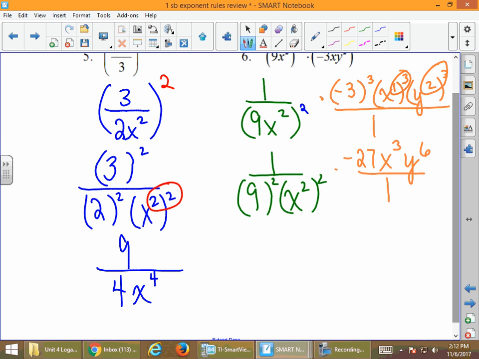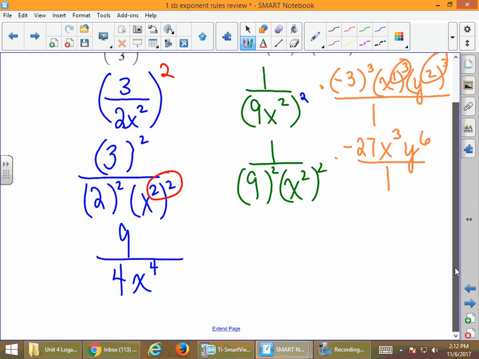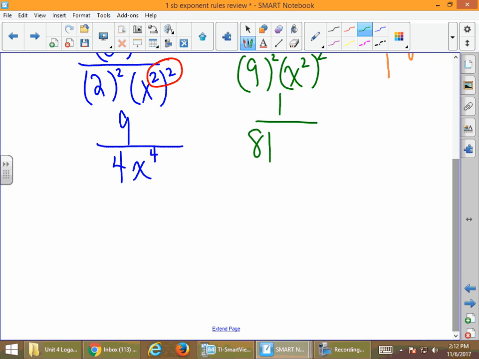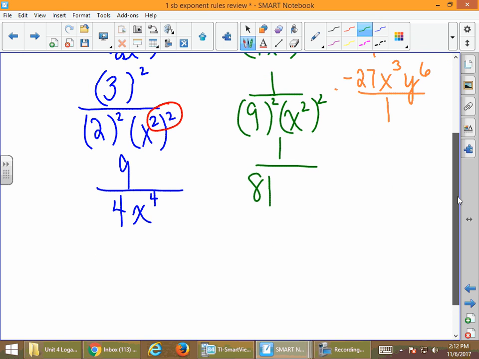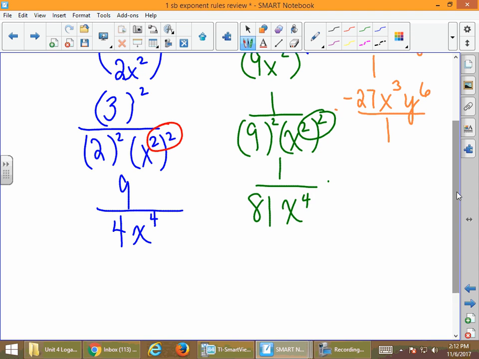We need to go back to the green and we need to simplify it. And this is going to be 1. 9 squared is 9 times 9, which is 81. And x squared squared is x to the 4th when we superpower. And now we're close. Negative 27 x cubed y to the 6 over 1.